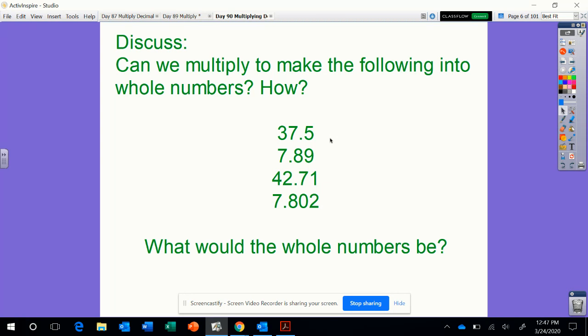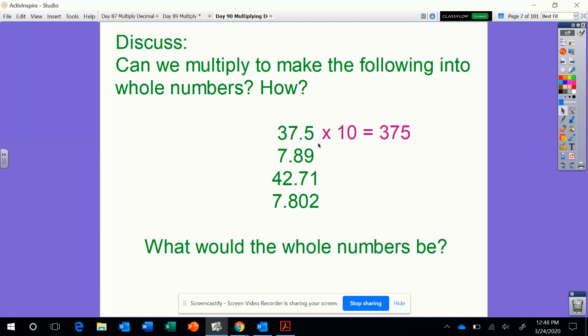Okay, so let's look at this. If we had a number like 37 and 5/10, and we wanted to make it a whole number without this decimal, what would we need to multiply? How could we do that? Well, we could multiply by 10.